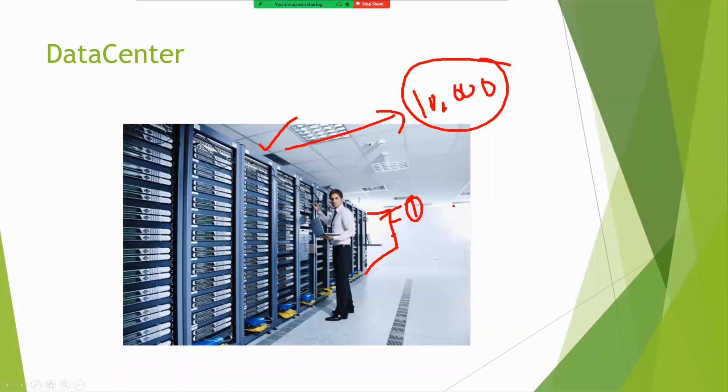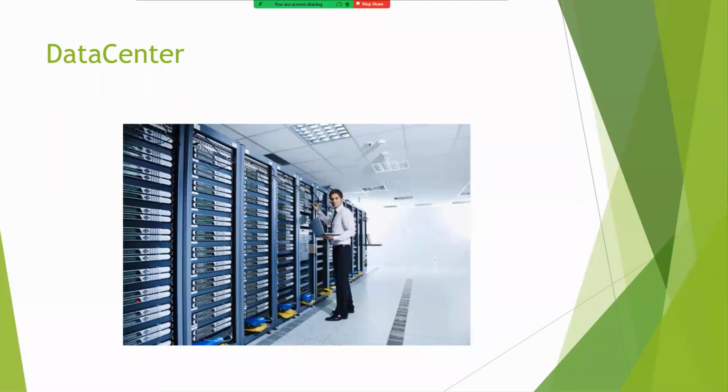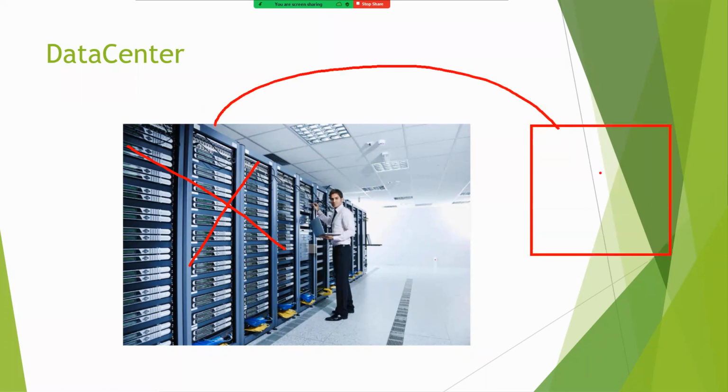One thing. Second thing, if any disaster happens, disaster means this entire data center is crashed. Then if it is crashed, there would be a chance to lose our data. In order to protect our data, we should maintain another backup data center. This we will call DR. DR in the sense disaster recovery.